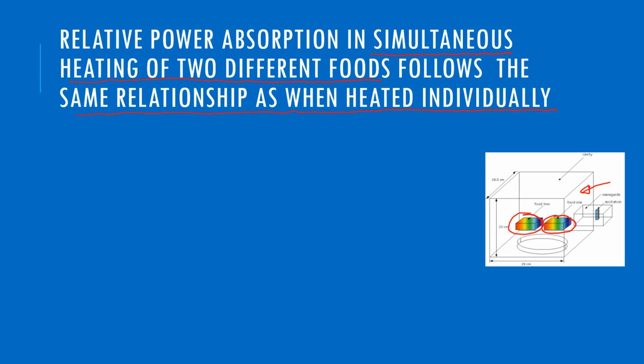And these two food loads are food 2 and food 1, and one can be very lossy, so let's say water, and the other is not much microwave absorbing, or a very low lossy food like oil.